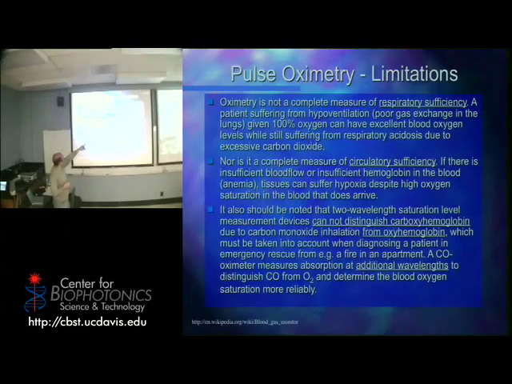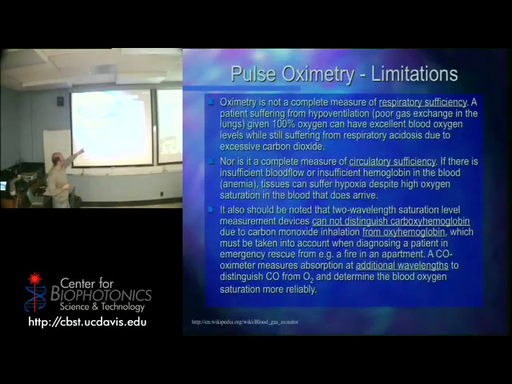So you can have excellent blood oxygen levels while still suffering from respiratory acidosis due to excessive carbon dioxide. It does not tell you how good the exchange of gases in your lungs is. This only tells you that the blood that it saw had a lot of oxygen in it. But if your lungs are inefficient at exchanging the oxygen and CO2, you could still have a problem there.